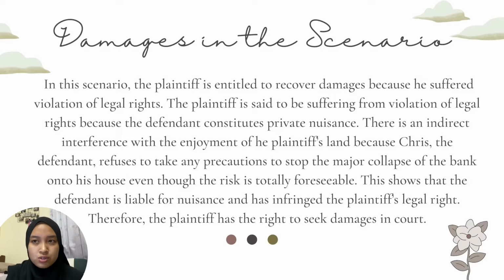This shows that the defendant is liable for nuisance and has infringed the plaintiff's legal right. Therefore, the plaintiff has the right to make a damages claim in the court.